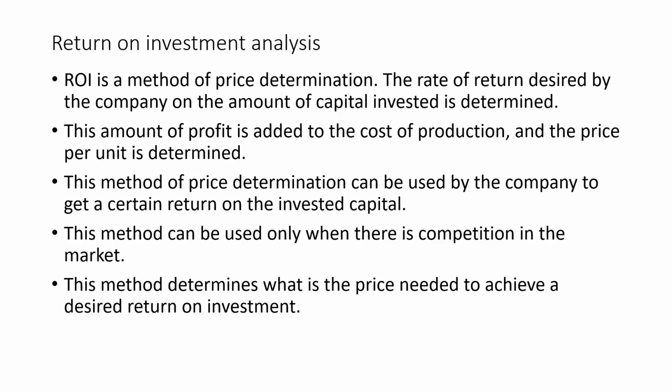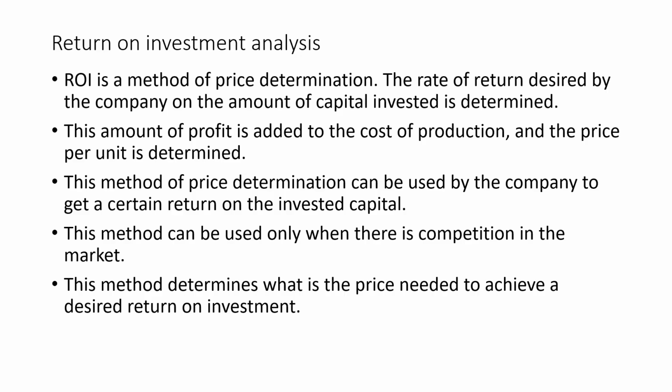So this profit is added to the cost of production. That is, whatever ROI they want is added to the cost of production, and then the price per unit is determined. So this is how you calculate the price of the industrial products by using the ROI method.